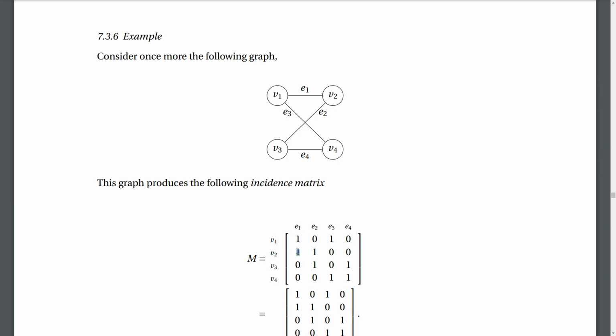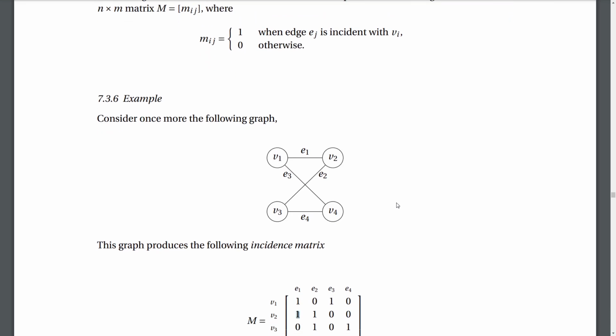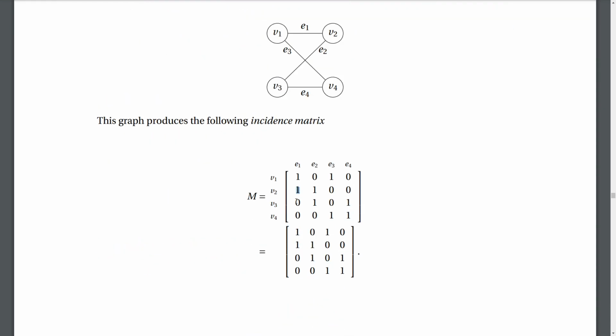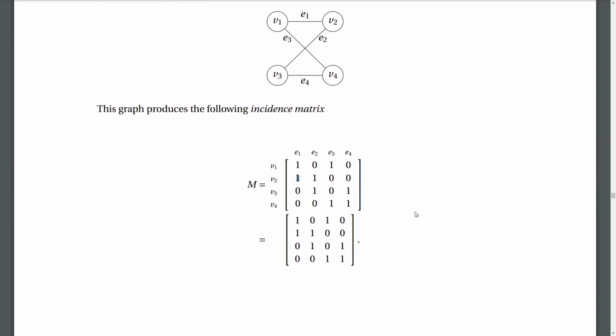Incidence matrices are just another way to represent the network. Instead of having all of the rows and columns be the vertices, you now have the rows as the vertices and the columns as the edges. I prefer the adjacency matrix, but this is another way to represent a graph or a network.